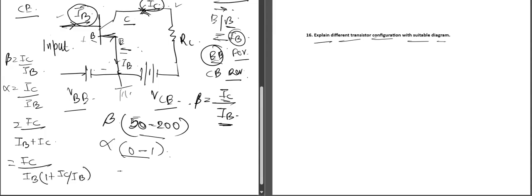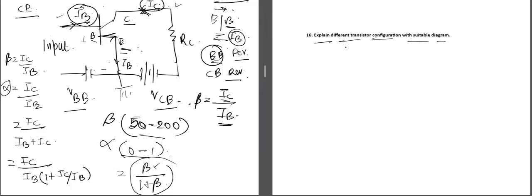IC by IB is beta, so alpha is equal to beta divided by 1 plus beta. This is the relationship between the current amplification factor for CB mode and the current amplification factor in the CE mode.